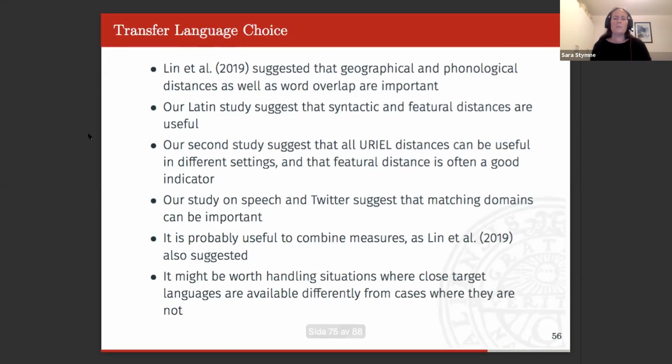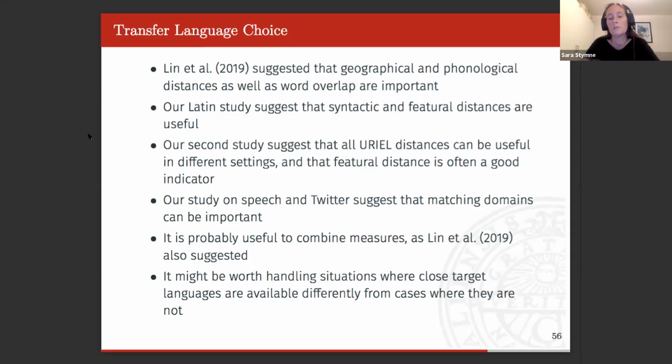We also think that it might be worth handling situations where close target languages are available differently from cases where they aren't, because it seems that if you have a close relative, that's often the best case, even though it wasn't always the case that Dutch was the best option for Afrikaans. So that also needs to be further investigated, I think. But definitely in a case where you don't have any closely related languages, you need some kind of other measures to decide which language you're going to choose.